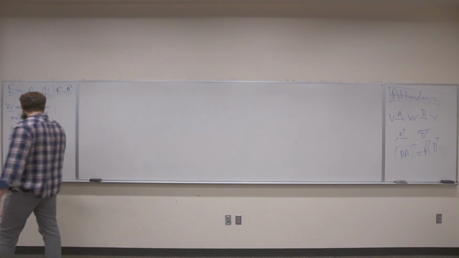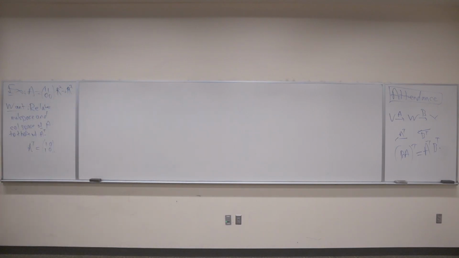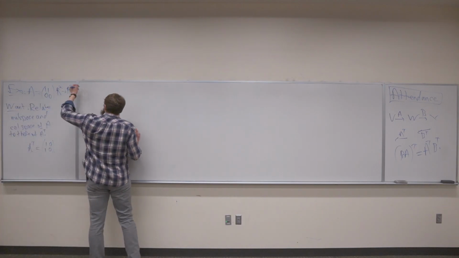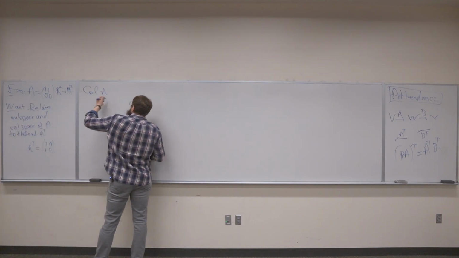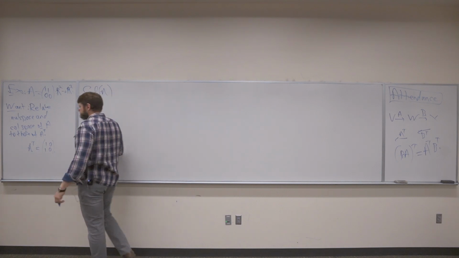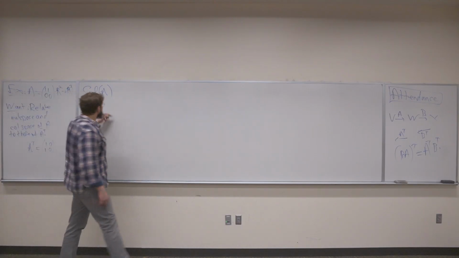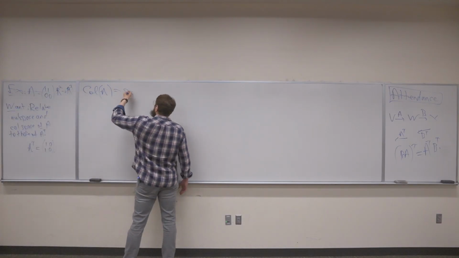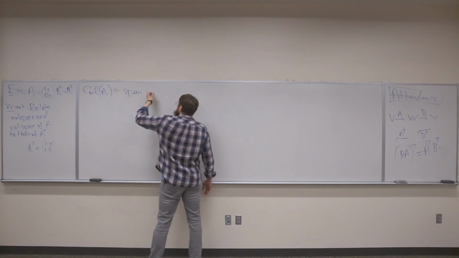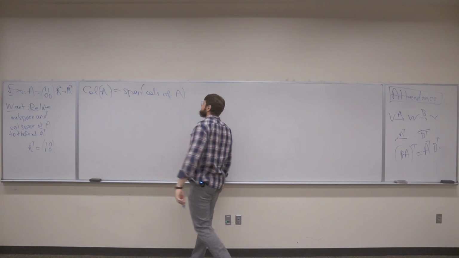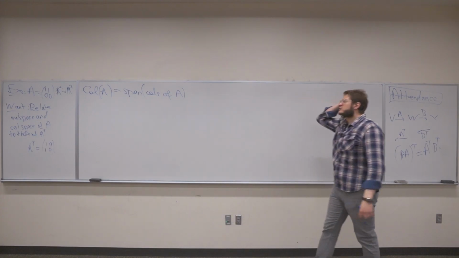So let's first record the null space and column space of A. While we're doing that, let's also remind ourselves of these things. The column space of A, remember, was the span of all columns of A. But that's the definition, or one of the definitions.